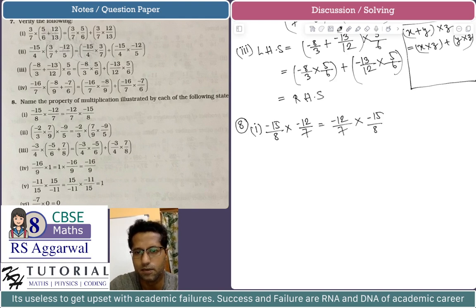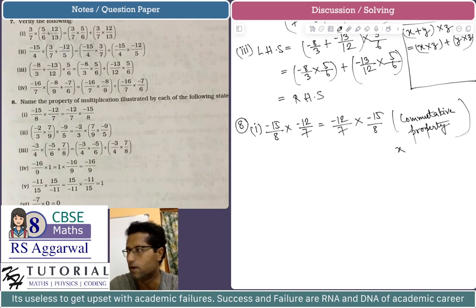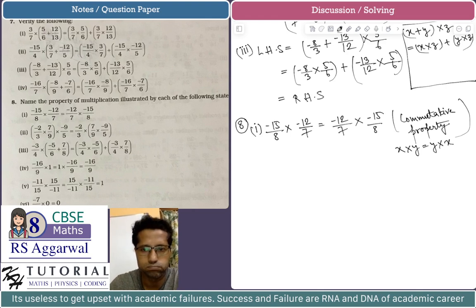You can clearly see this is commutative property. That is, if x and y are rational numbers, then x into y is equal to y into x. So commutative property has been applied.